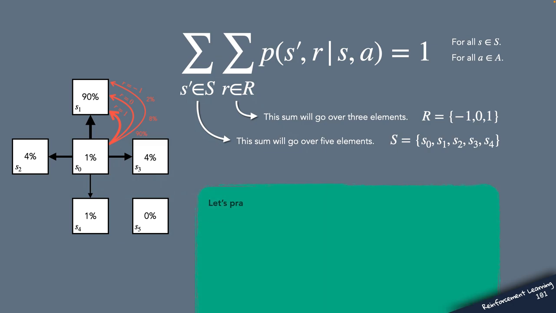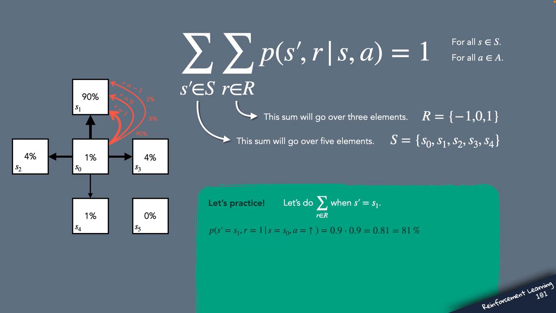And let's practice computing those joint probabilities a little bit. Let's do a summation over all 3 rewards, but for just one state transition. So from S0 to the future state S1. So the first probability will be that of entering S1 as the future state and receiving reward R equal to 1, given that the current state is S0 and the action selected is to go up.